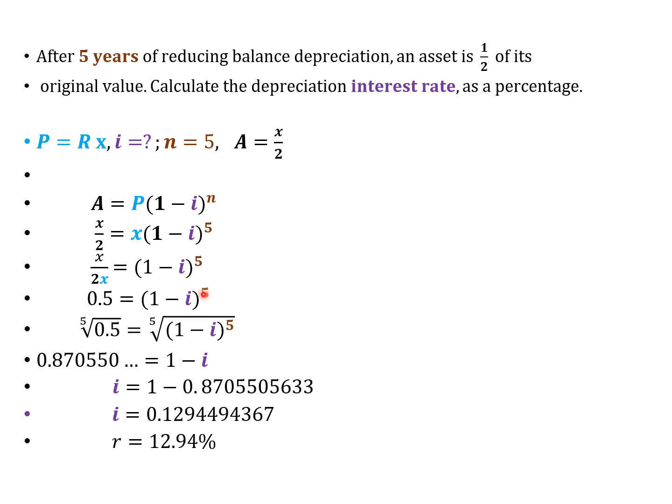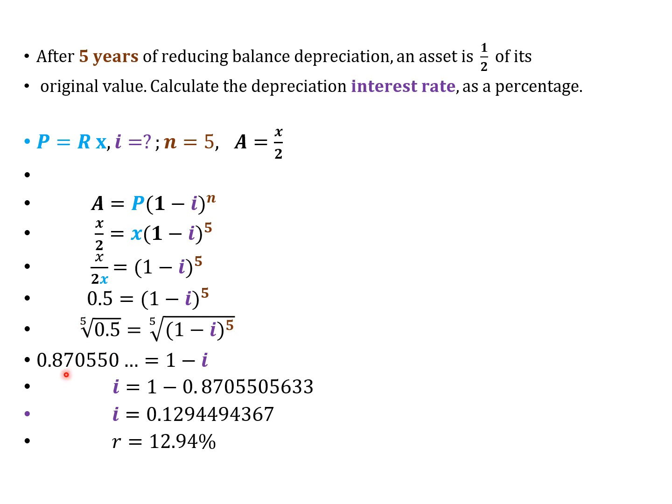To get rid of the power 5, I'm going to find the 5th root. What I do on one side, I must do on the other side, so I find the 5th root on both sides. The 5th root and exponent 5 cancel, so remember it's 5 over 5, and anything to the power 1 stays the same. So that becomes 1 minus i. And here we have 0.5.